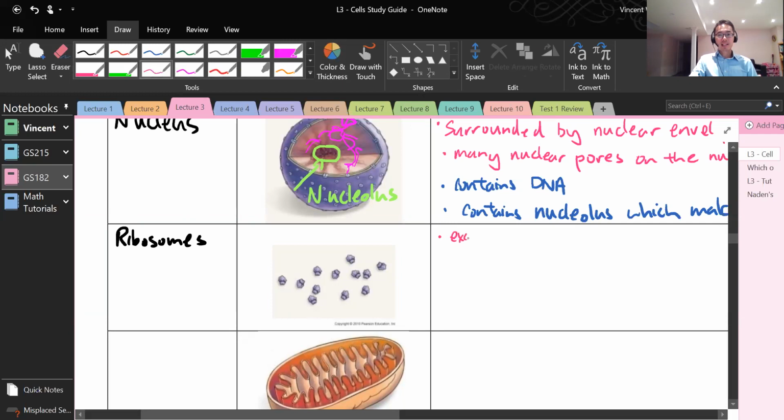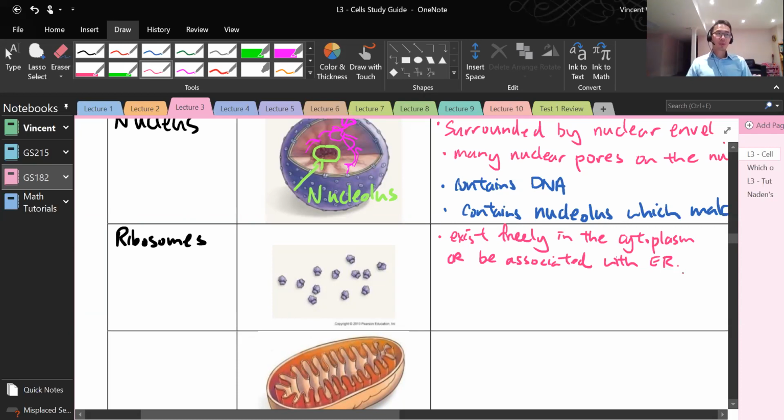They might exist freely in the cytoplasm, just floating around, or be associated with the endoplasmic reticulum, which would then turn it into a rough endoplasmic reticulum.